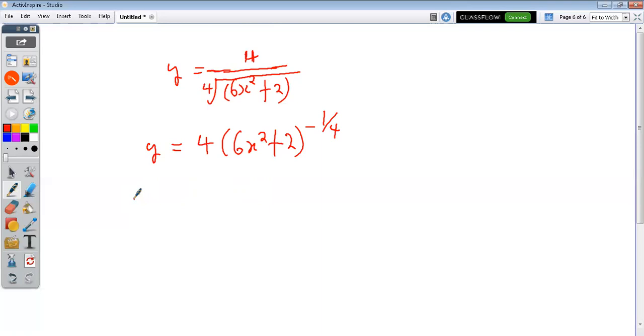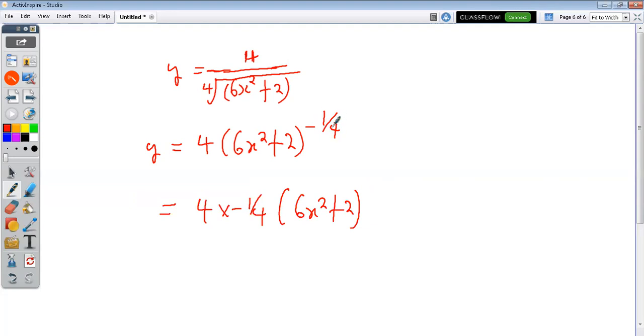So now, the 4 is going to multiply the power, which is minus a quarter, brackets 6x squared plus 2, subtract 1 here.